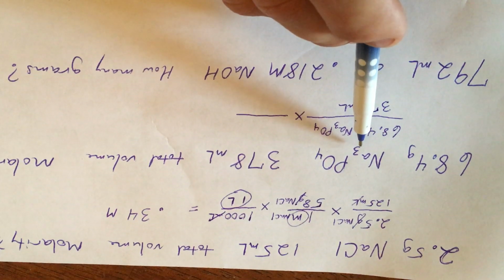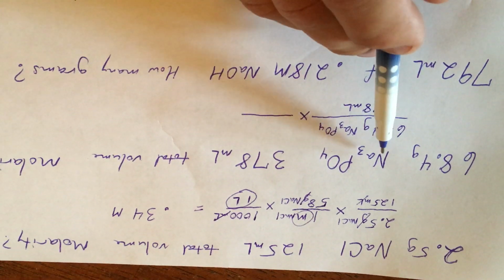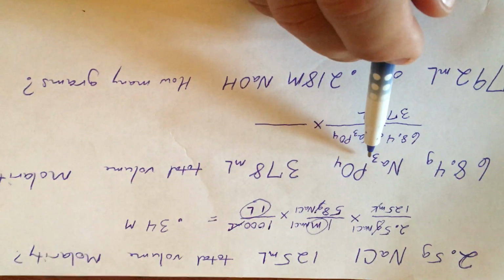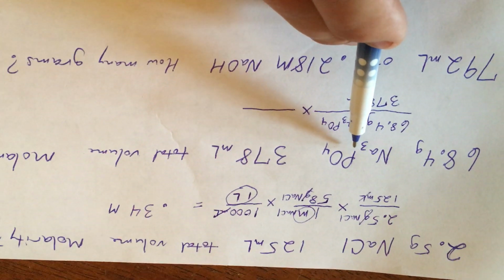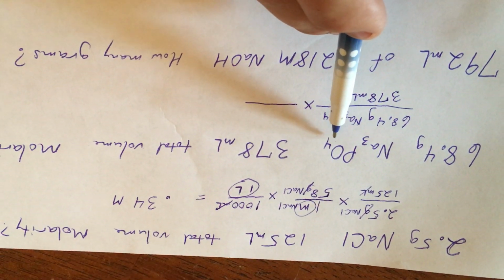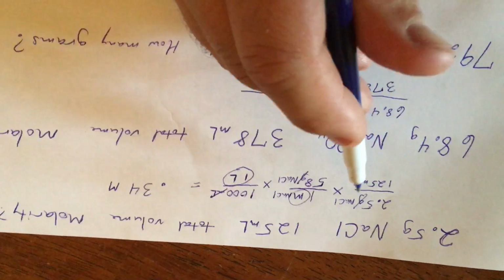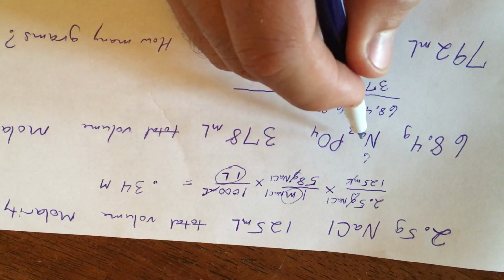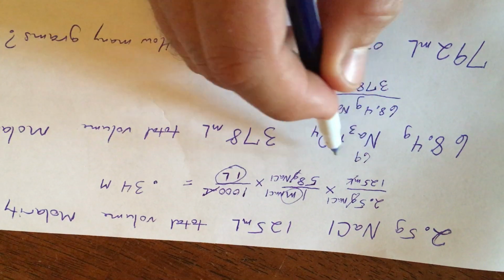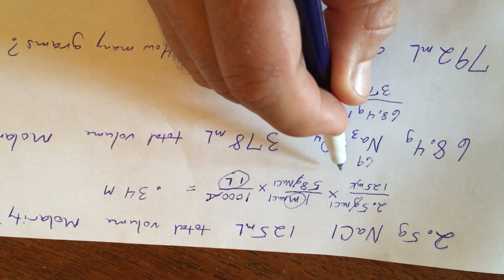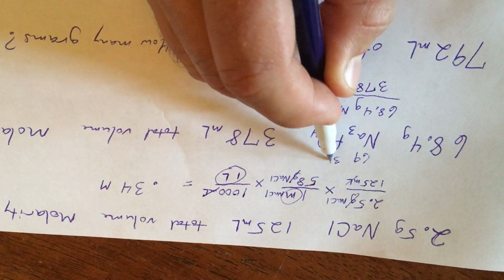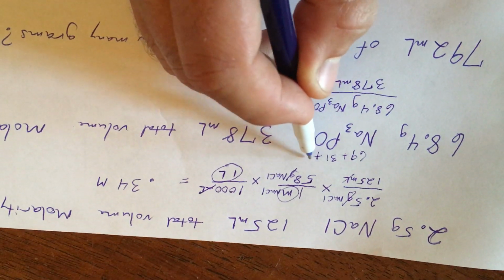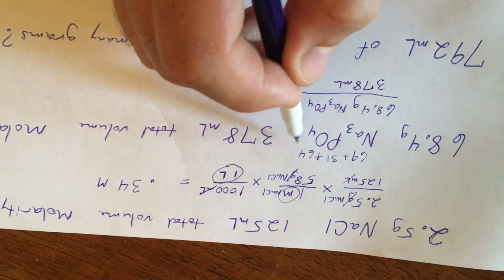You're dealing with 3 sodiums at 23 apiece. Phosphorus is about 31. And then you got 4 oxygens at 16 apiece. So you're talking 20, 40, you got 69 here. Phosphorus, like I said, is 31. And then I got 64 wrapped up in these oxygens.